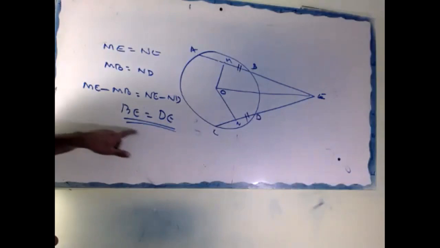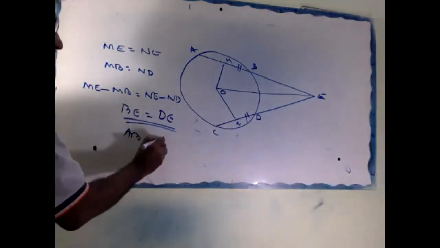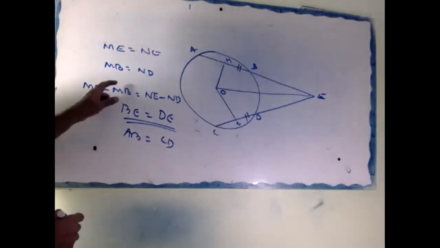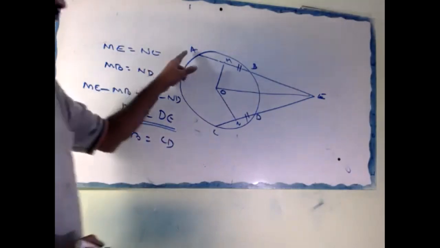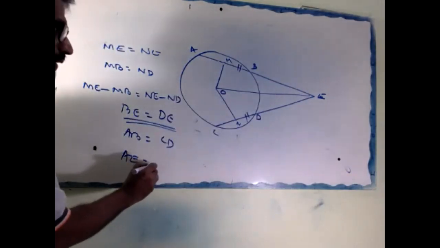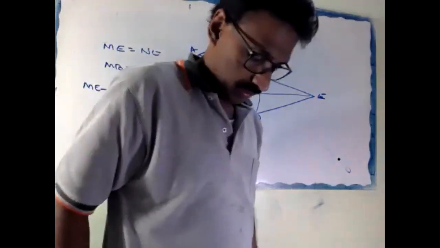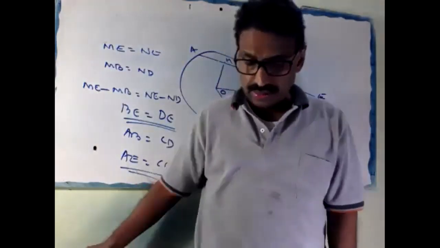Then an easy way: you can add AB equals CD. Add both. AB plus BE means AE, and CD plus DE means CE. Finish. This is the way Akshaya did.